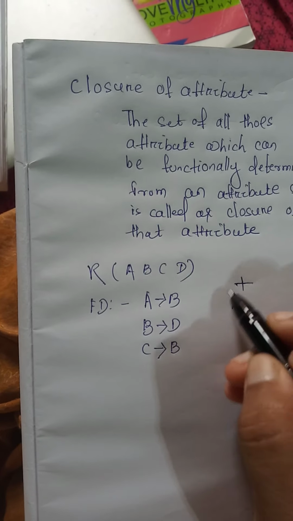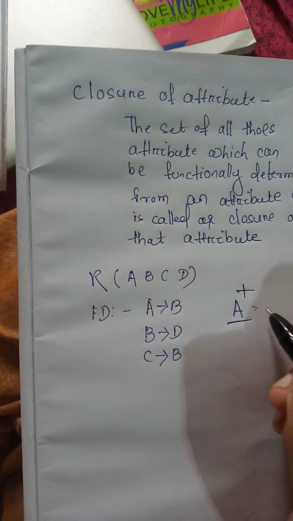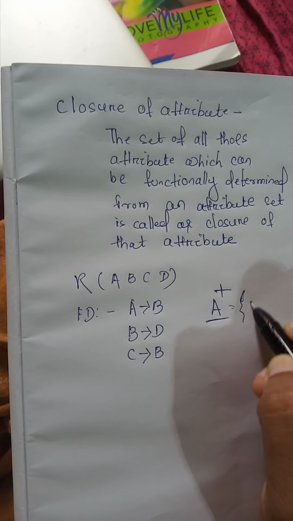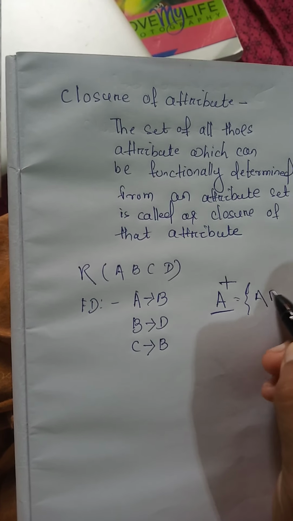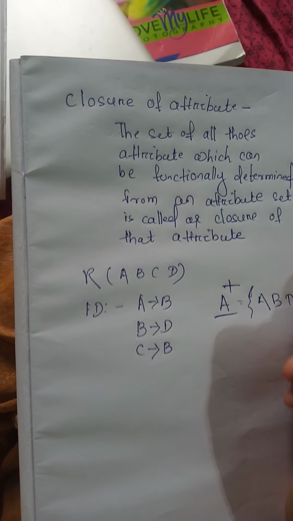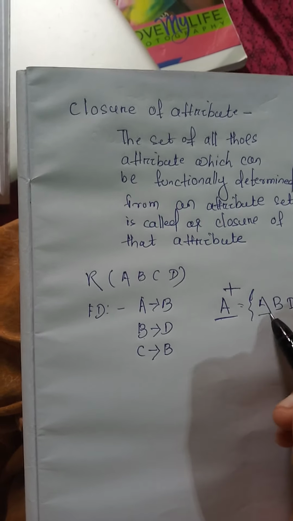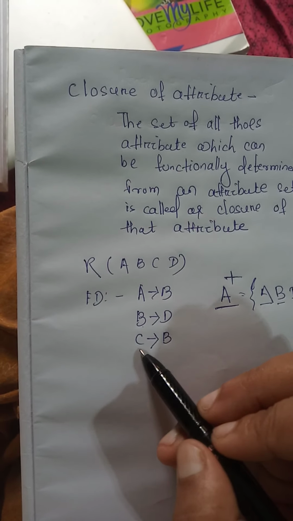So to find out the closure of A: the attribute A itself is determined, again from A to B is also determined, and B to D is also determined. So from the attribute A, the attributes A, B, D can be determined, but C is not determined.